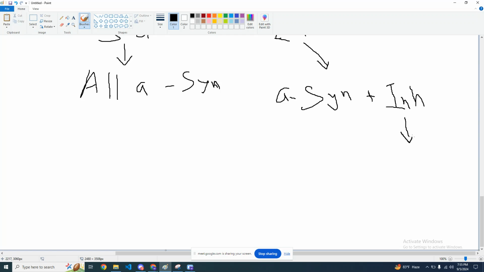If your attribute is inherited, it should always inherit from itself, or it can inherit from its parent, and it can inherit from its sibling, right?